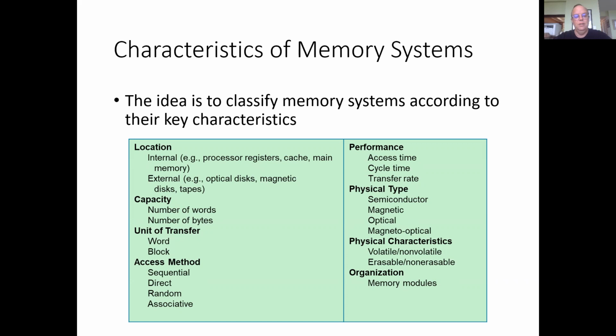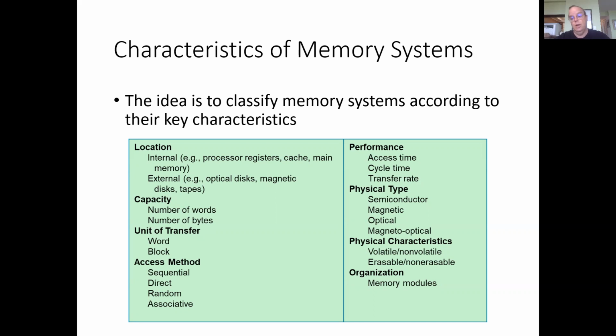Capacity is another characterization of memory, the number of words and the number of bytes that it can hold. Unit of transfer, which you can characterize in terms of both words and blocks. Access method: sequential, direct, random, or associative. Performance: the access time, the cycle time, and the transfer rate.